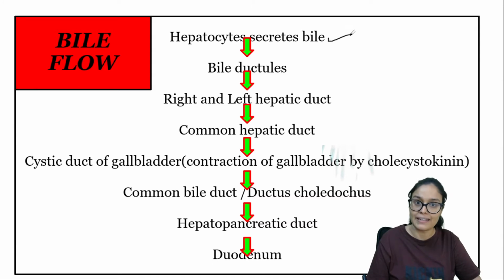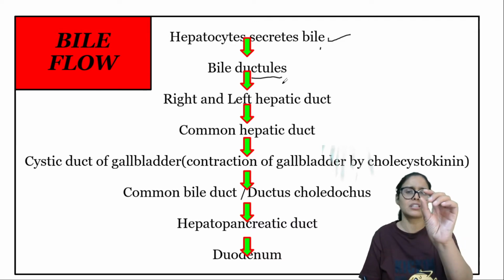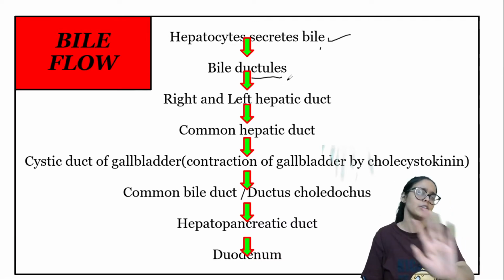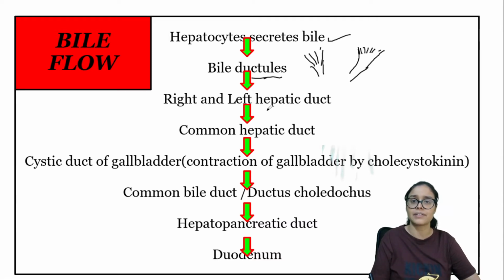So hepatocytes secrete bile juice. Bile juice will be carried by the bile ductules, which are small ducts of each lobule, right lobule, left lobule. These small ducts will form the right hepatic duct from the right liver, and the small ducts of the left lobe of the liver will form the left hepatic duct.